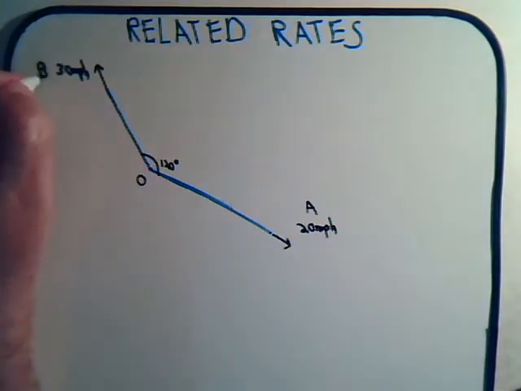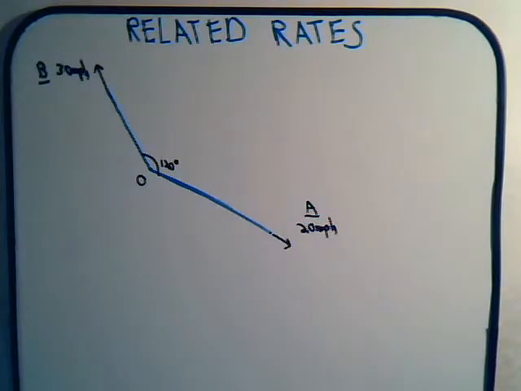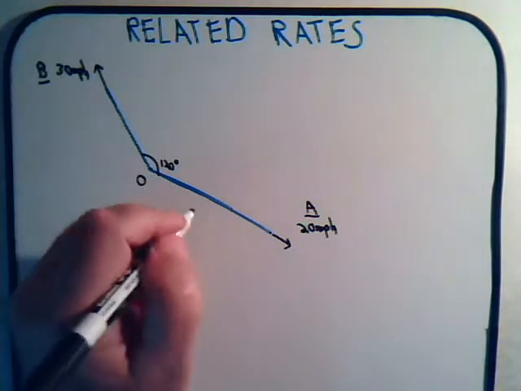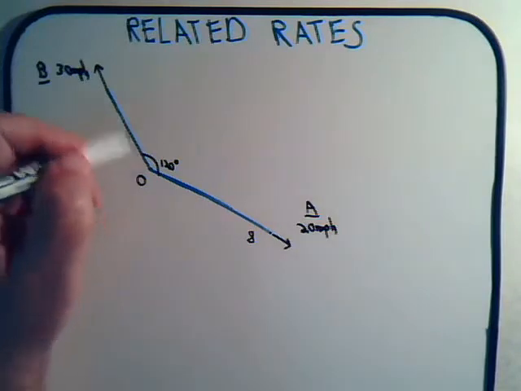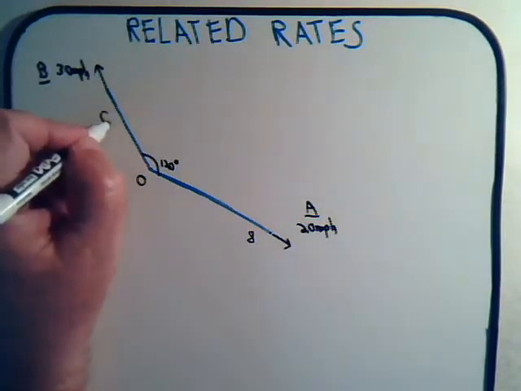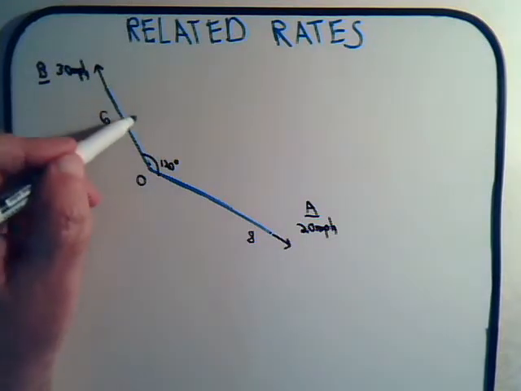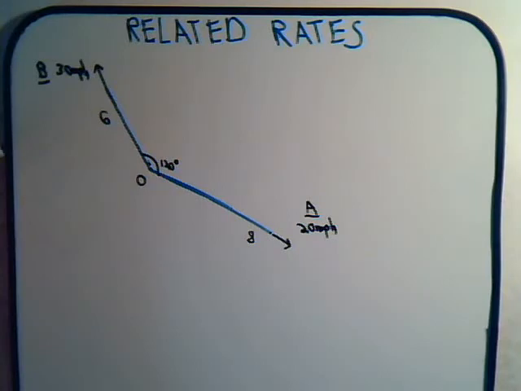And that's for ship B. Now, we're asked this problem: when ship A is 8 miles away from the reference point and ship B is 6 miles away from the reference point, how fast is the distance between the two ships changing?